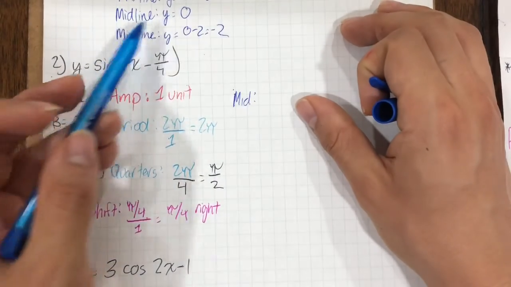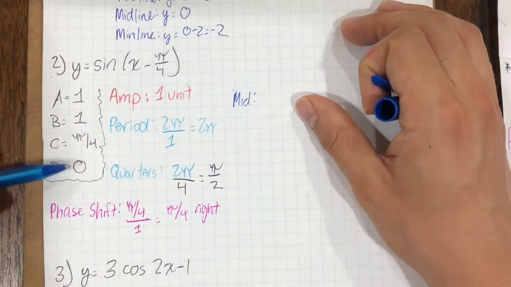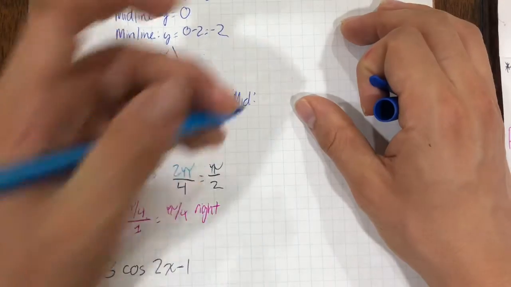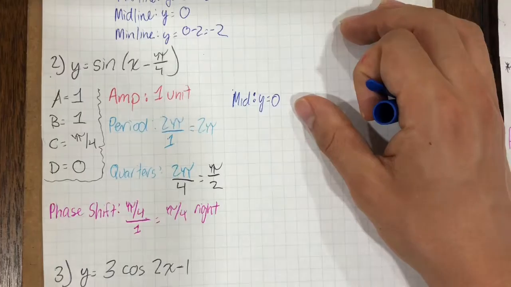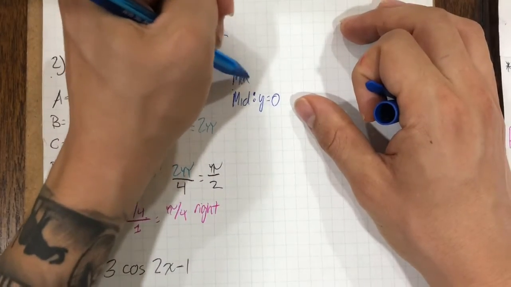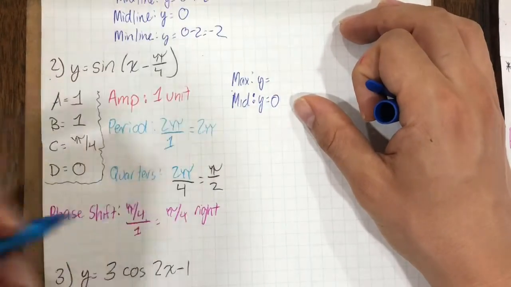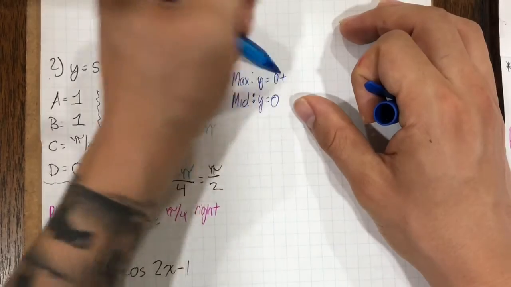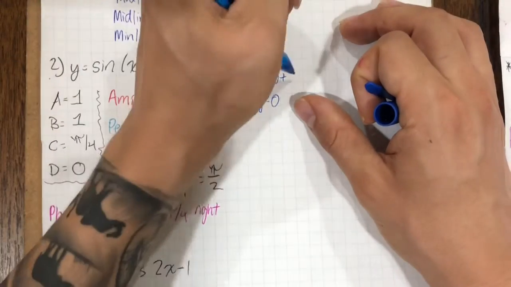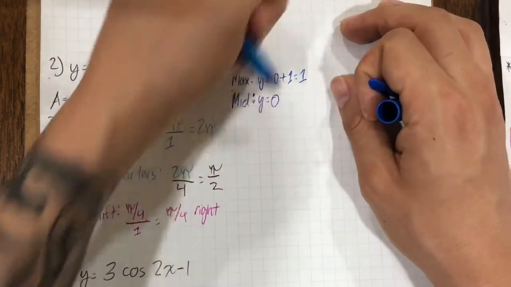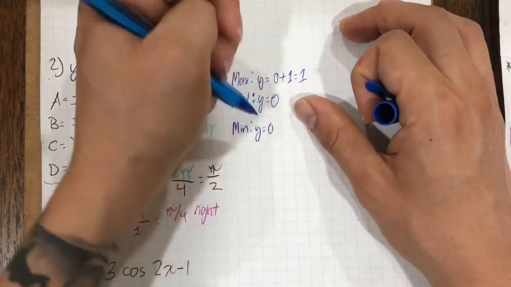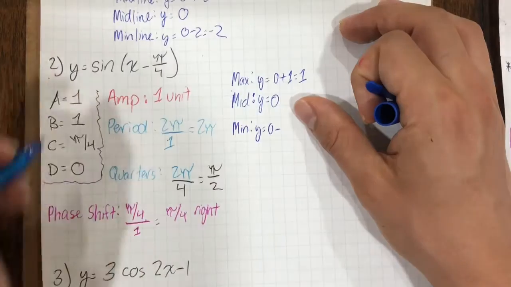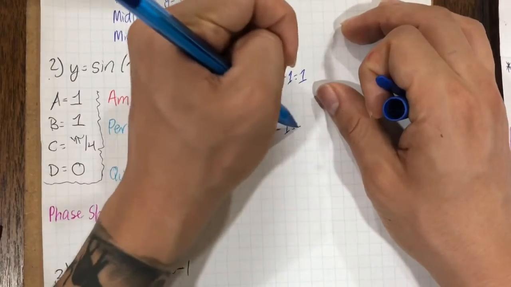My midline would be the number for D, which in this case is 0. So my midline would be y equals 0. Then we have the max, where I take 0 and add it to the A, which is 1, and I get 1. And for my min, I take 0 and subtract 1 for the A, and I get -1.